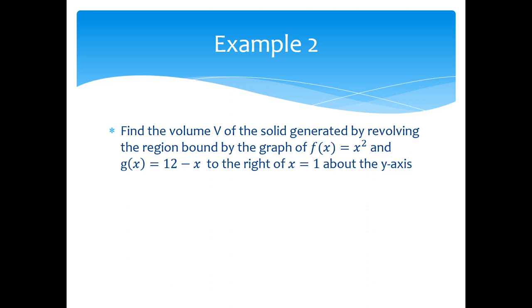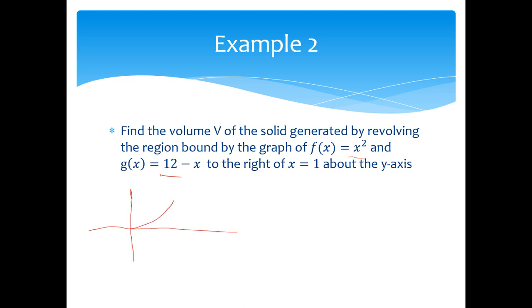So example number 2, we want to find the volume V of the solid generated by revolving the region. This is the region, this is a parabola and a straight line. So if we graph these, this is a parabola like this.